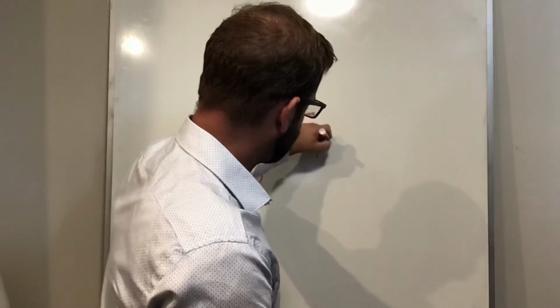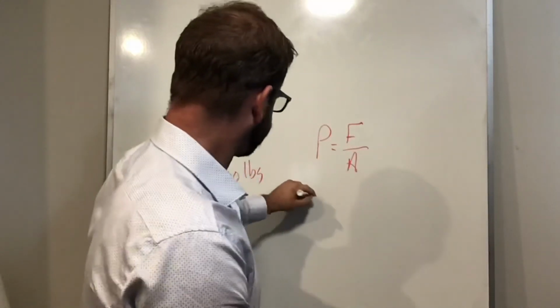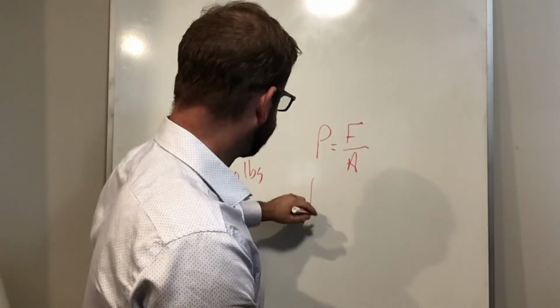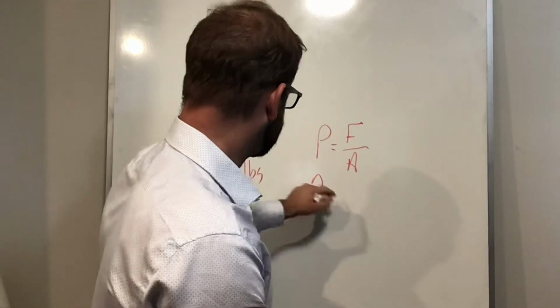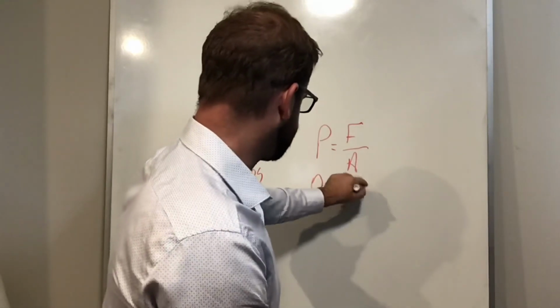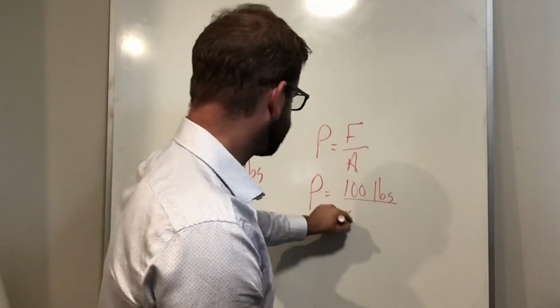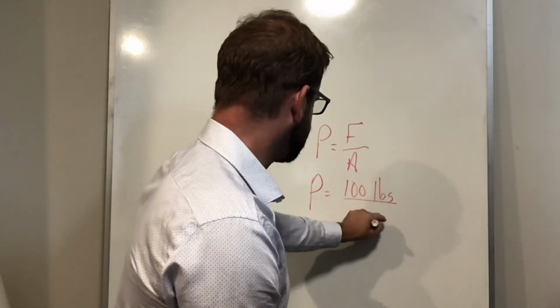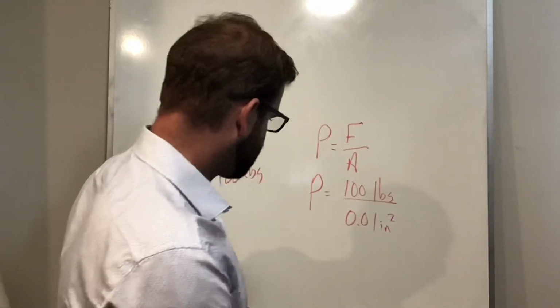So pressure is equal to force over area. The pressure is equal to my force, which is 100 pounds, over 0.01 inches squared. And it should actually move the decimal place 2 over.